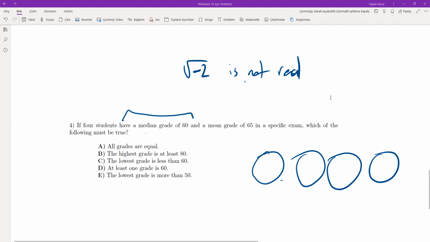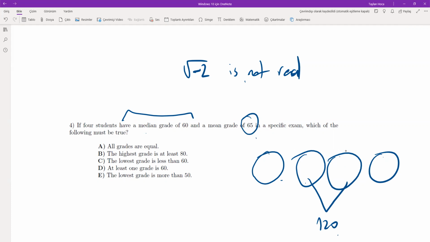Median was the one in the middle, right? So which ones would be in the middle? Between the second and the third. So I'm going to take the average of them, right? So their sum will be 120. Okay? So mean is 65.